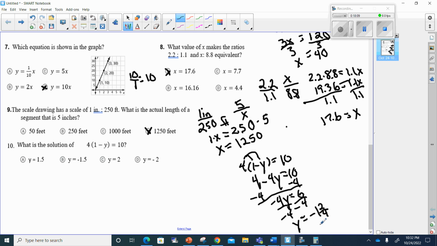It can be negative 1 1/2, because we know 2 and 4 are both divisible by 2. Now 1/2 can also be equal to negative 1.5, because 1 divided by 2 is .5. Since I'm looking at nothing but decimals here, that seemed to be the way to go. So negative 1.5 is B.